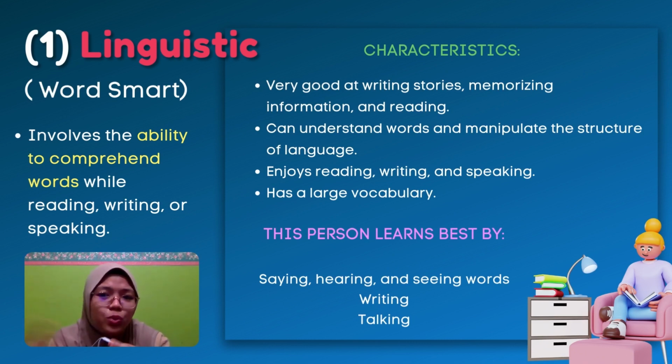They can also understand words better and manipulate the structure of language. They enjoy reading, writing, and speaking, so they have a large vocabulary. Thus, this person learns fast by writing, talking, saying, hearing, and seeing words.